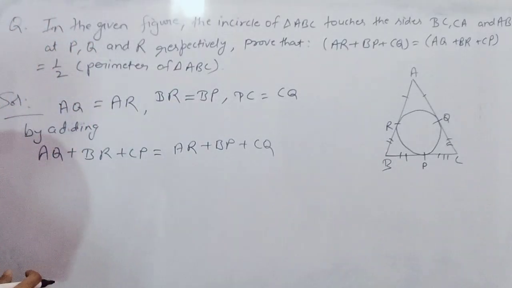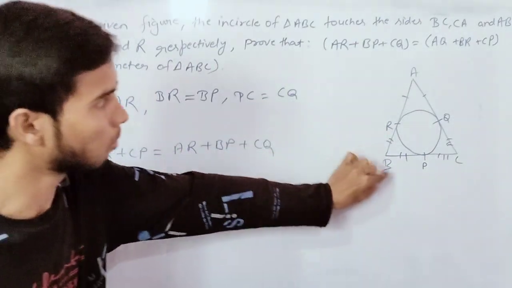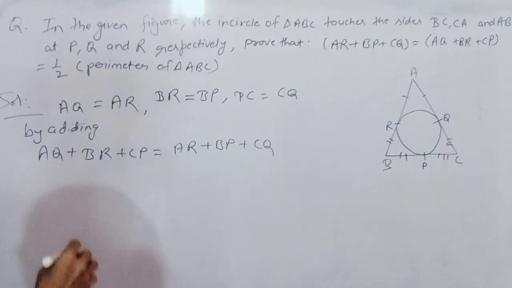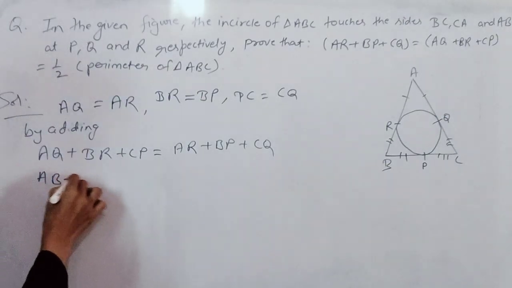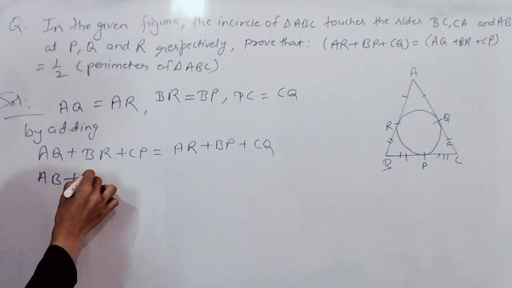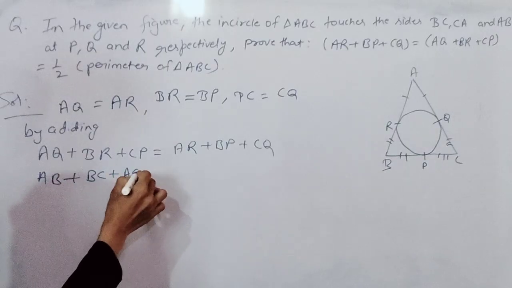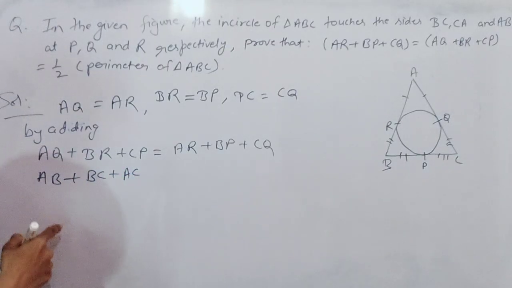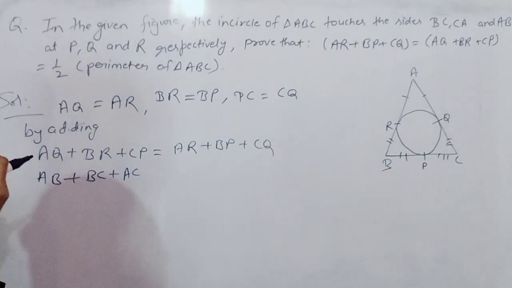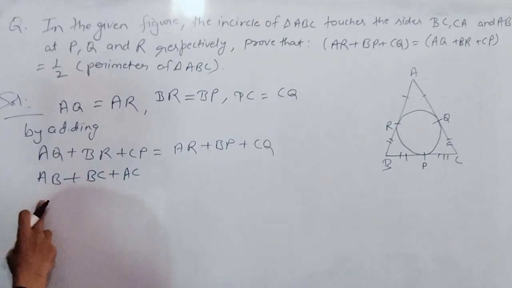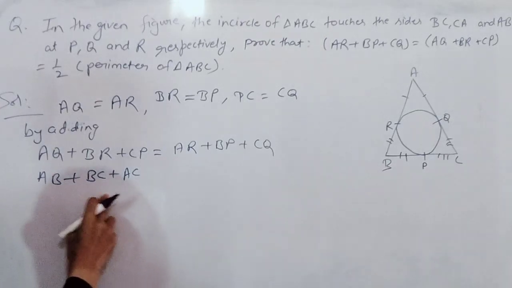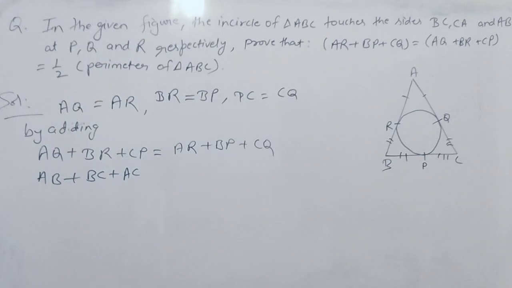AB plus BC plus CA, that is AB plus BC plus AC. It is our perimeter. Now what else?